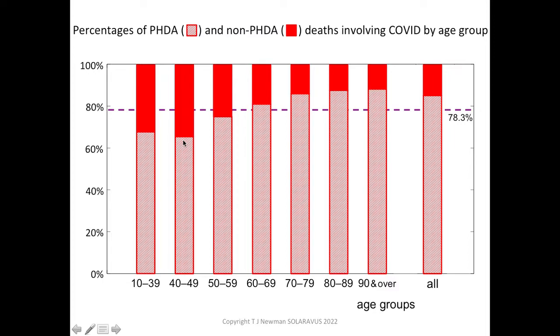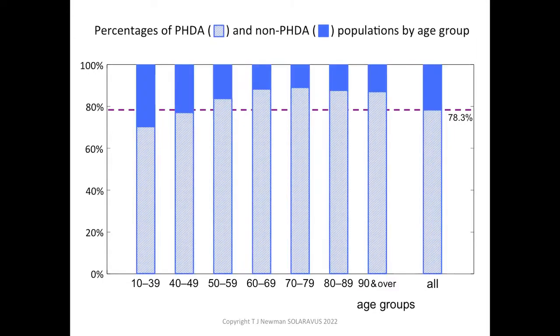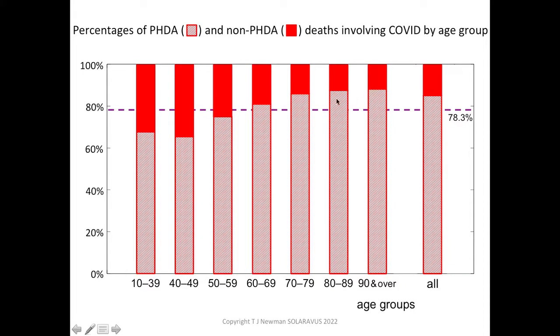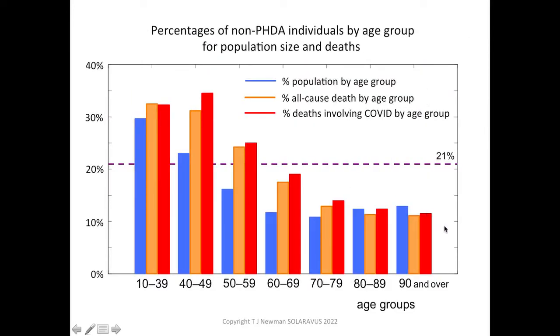It's a bit hard to put these three graphs together in your head. So what I'm going to do is take these blue bars of population for the hidden 10 million group, the all-cause deaths in orange, and the deaths involving COVID in red, and plot all of those together on one graph, and this will make things much clearer.